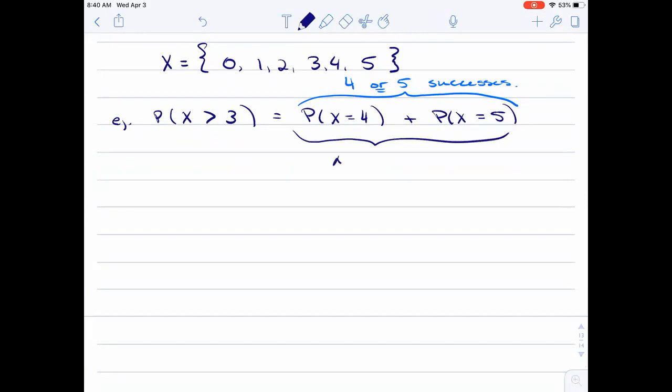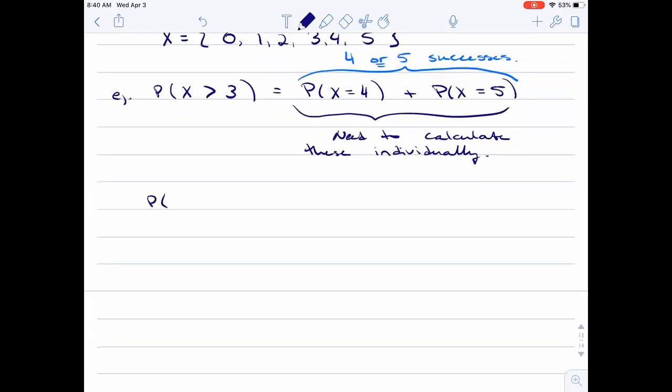So we need to calculate these individually. Let's start with the probability that x equals 4.